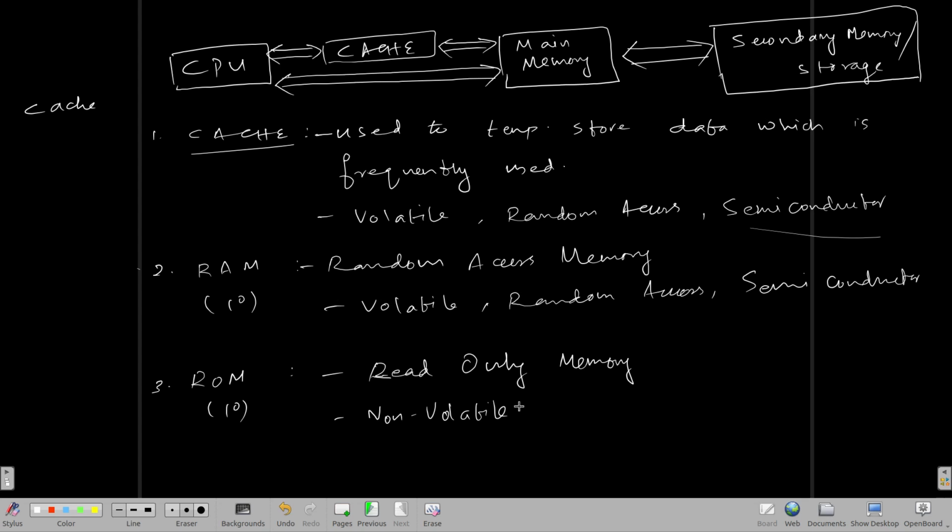But for ROM, it is not like that. It is a non-volatile memory. Whatever is there, is there. You can change it. It is not exactly read-only. You can change it, and you don't need specific hardware for that. In earlier days, it required specific hardware to do that, but now it is not like that. So it is non-volatile.